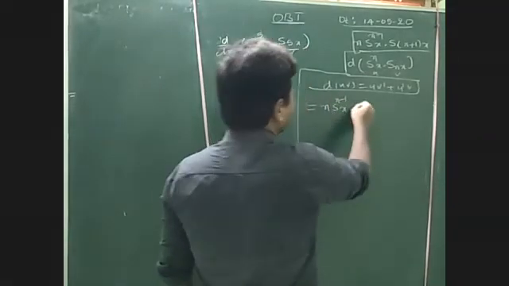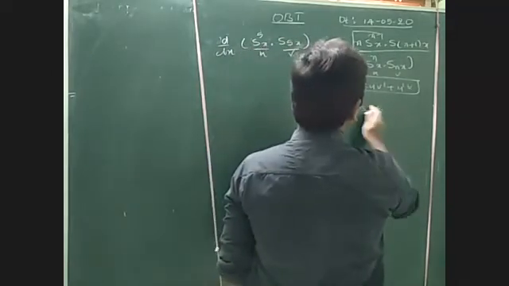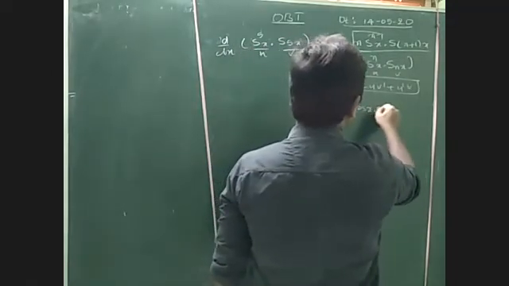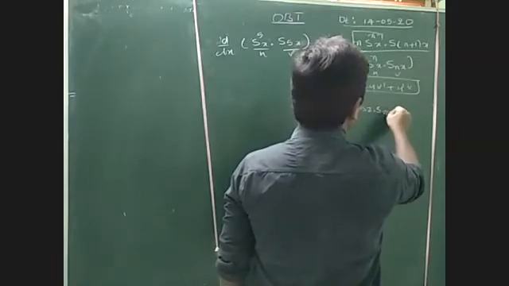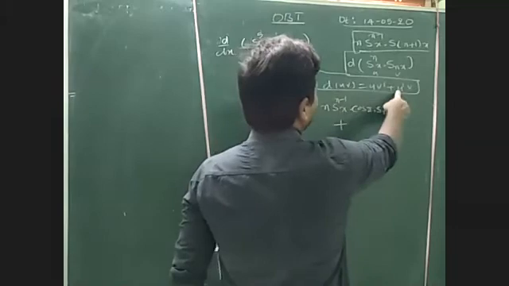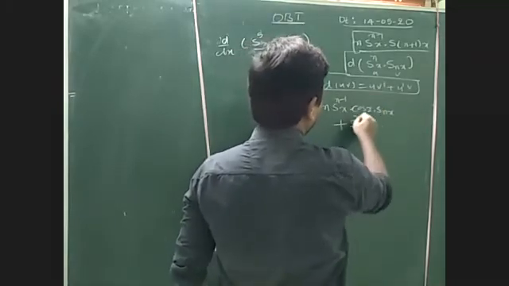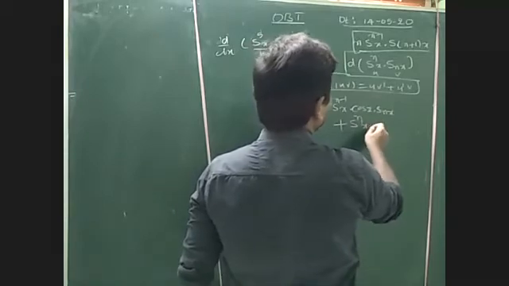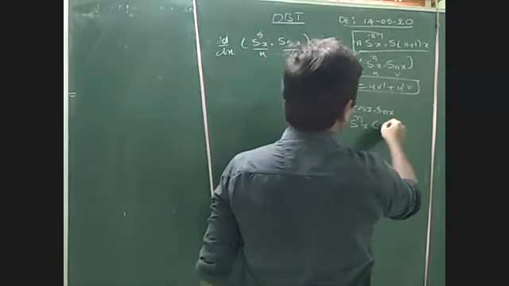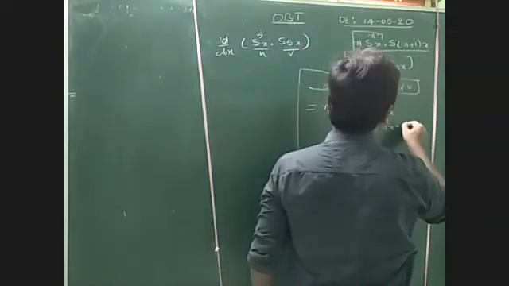The sin derivative is again cos x, into sin nx. Plus u dash, I mean u, sin power n x, into the derivative of sin nx, which is cos nx, into n.